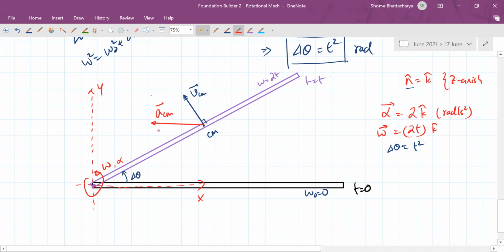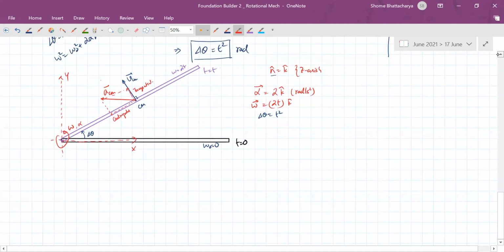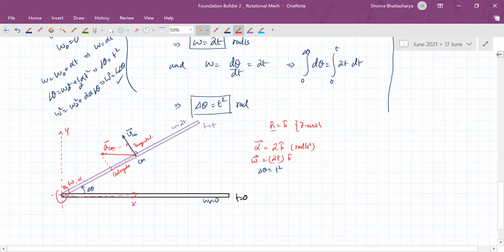So acceleration of the center of mass will have a radial, centripetal component, as well as a tangential component. So we'll discuss about that. Let's go over this once more.